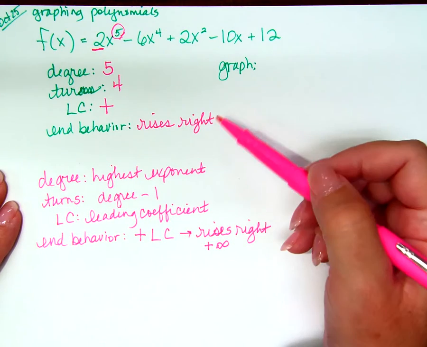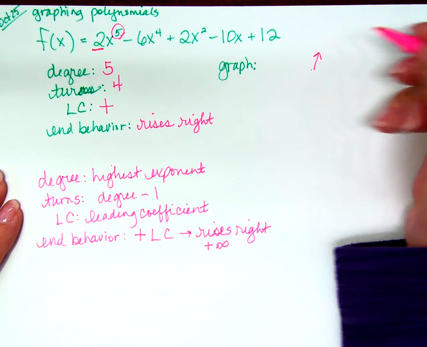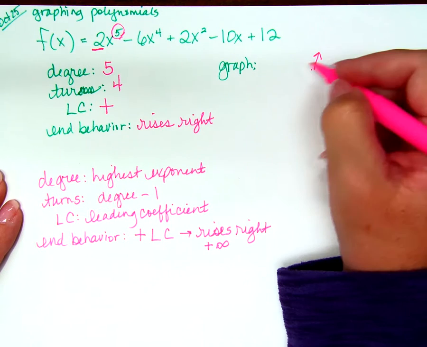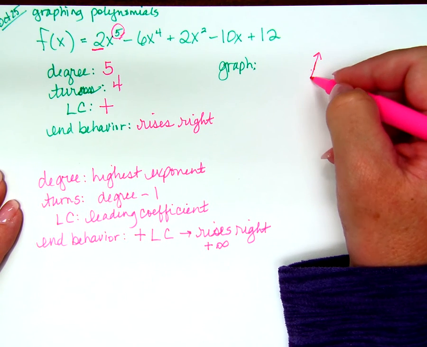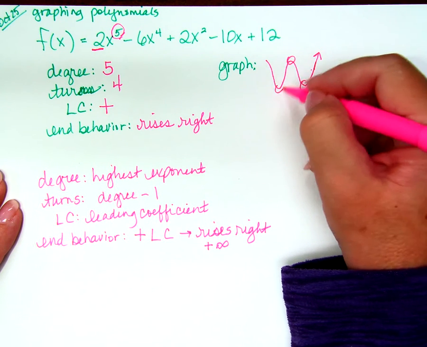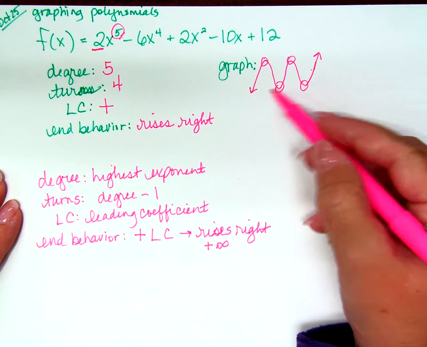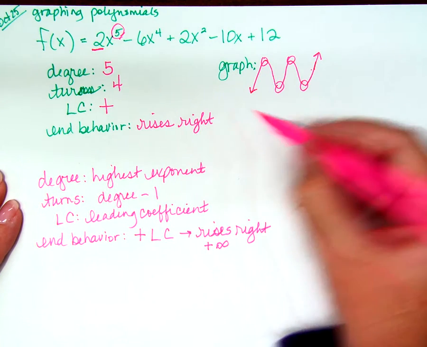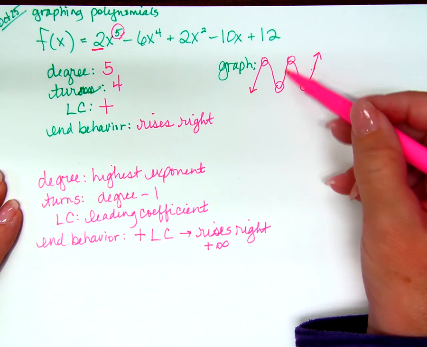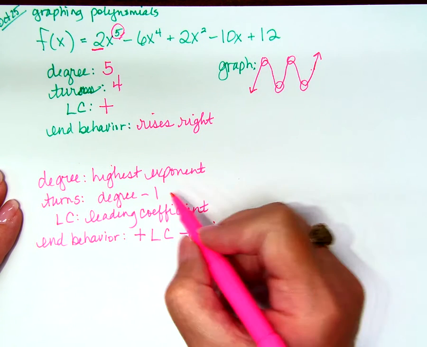Okay, so all I have left to figure out is my left end behavior. Well, if it rises right, and I have 4 turns, I'm going to draw myself a little abstract graph. 1, 2, 3, 4 turns. Just look what happens to the left then. If it rises right and has 4 turns, or changes of direction, I'm going to go ahead and write that as well.